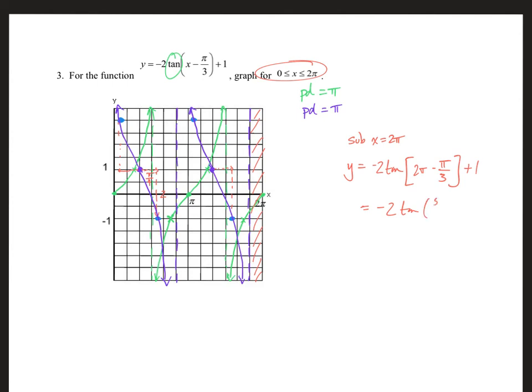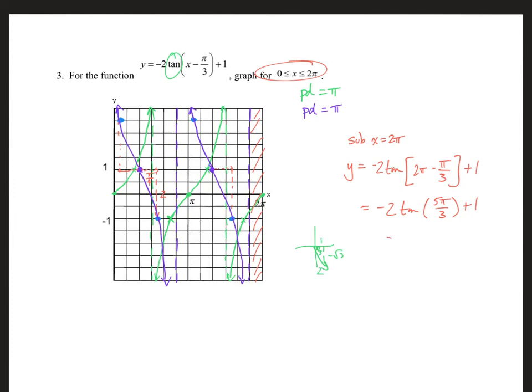So what I have is the tan of 5 pi by 3. And if we're still working through our rotation angles, then we think about where 5 pi by 3 would be here. That would be a pi by 3, negative root 3, 1 and 2.